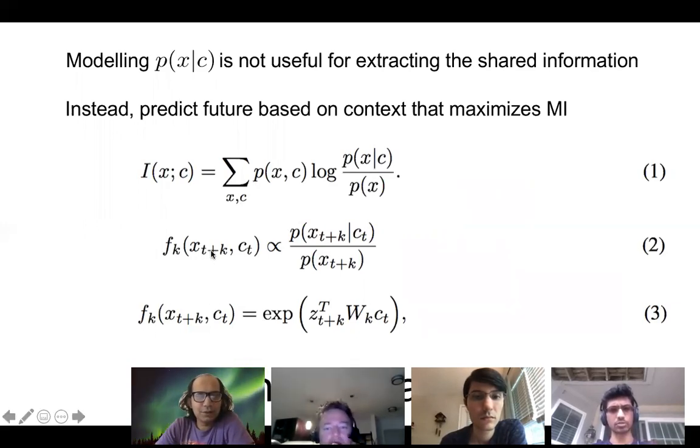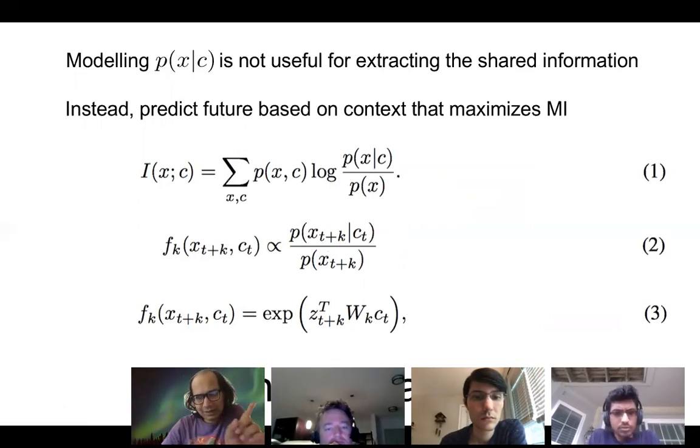So they actually try to relate c_t and x_{t+k}, right? The context with the actual future, trying to relate c_t and x_{t+k}. That means which sample is actually related to this context. And what is p(x_{t+k})? It means the sample that may come as the future sample, as an example of a future sample.